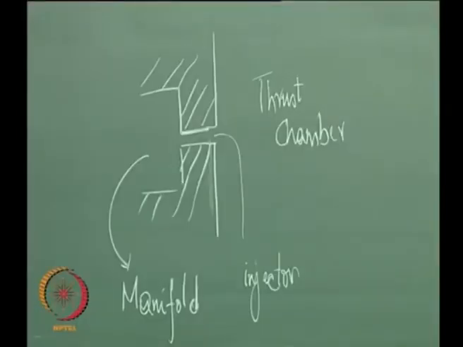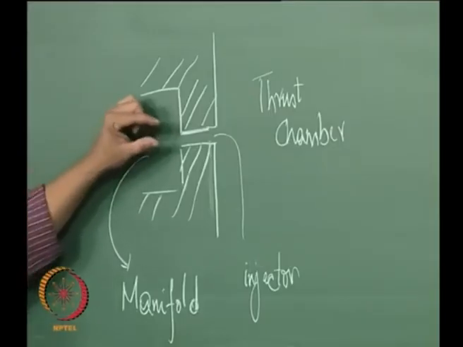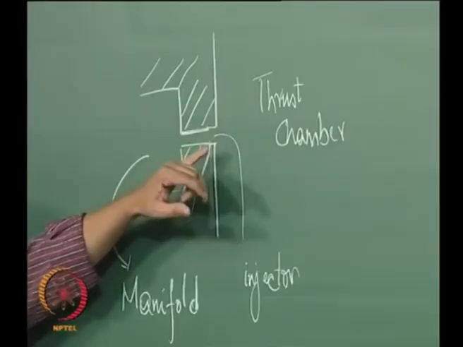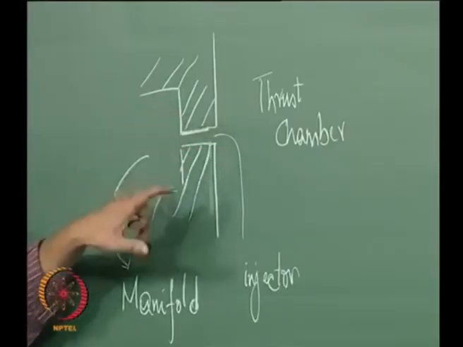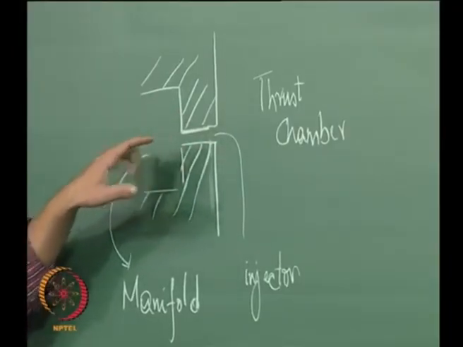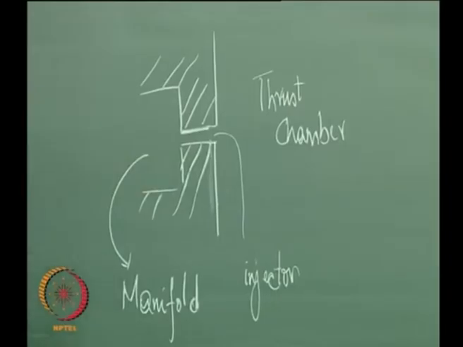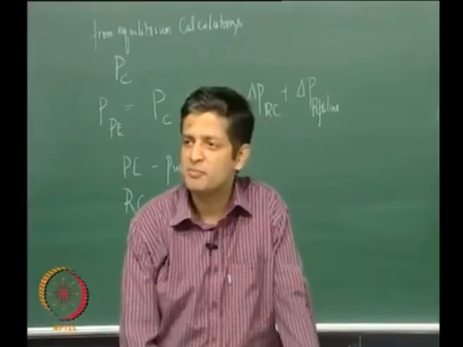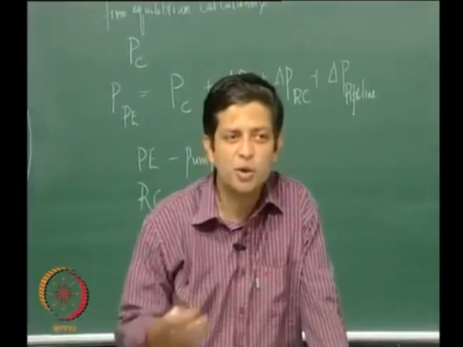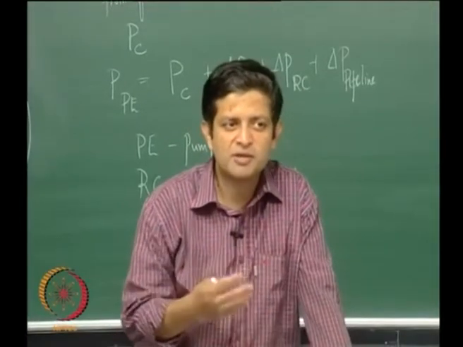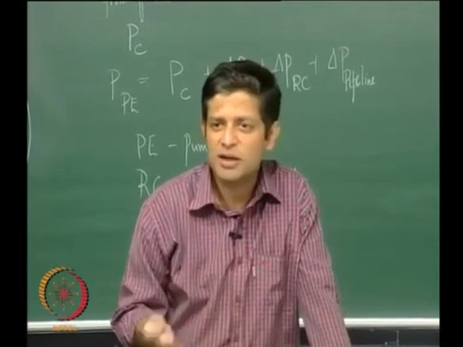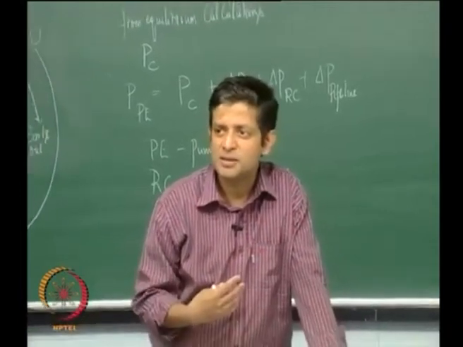So, there is a manifold that is upstream of the injector. Now, it is so designed that this area is very small compared to the manifold area, and if that happens, what can we say about the velocity of the liquids? Remember, firstly, most of the fluids that we are dealing with are incompressible liquids in this case.